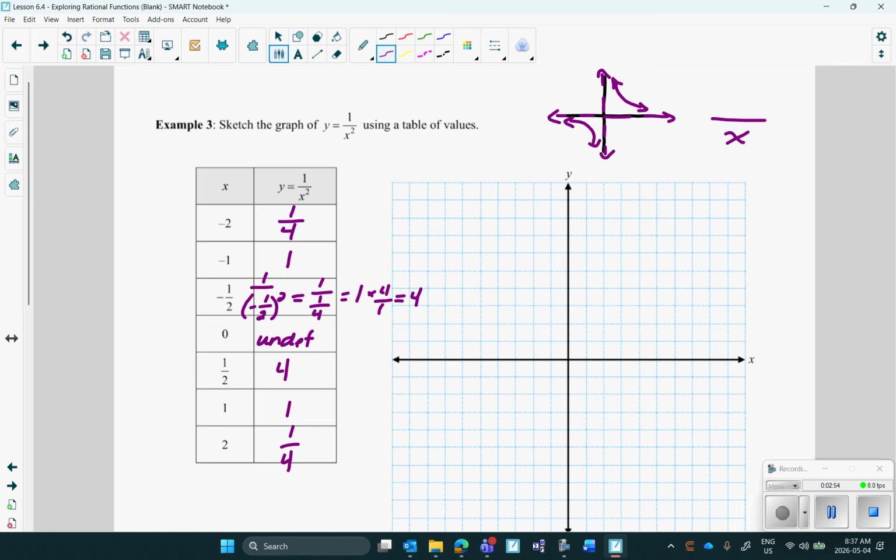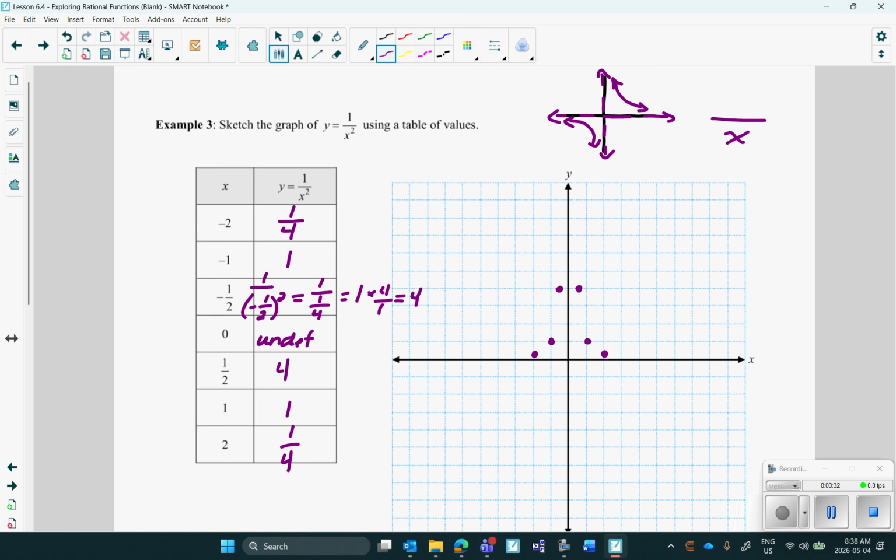So if we plot these points, we get negative 2, 1/4, so about there. Negative 1, 1. Negative a half, 4. No value for x equals 0, so 1/2, 4. 1, 1. And 2, 1/4.